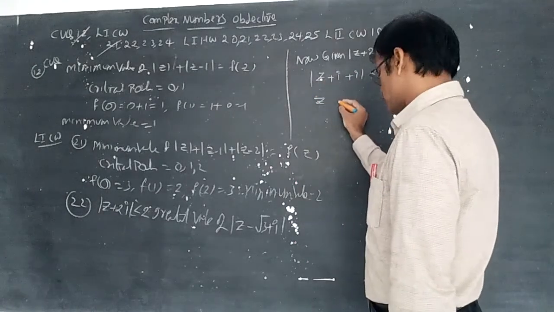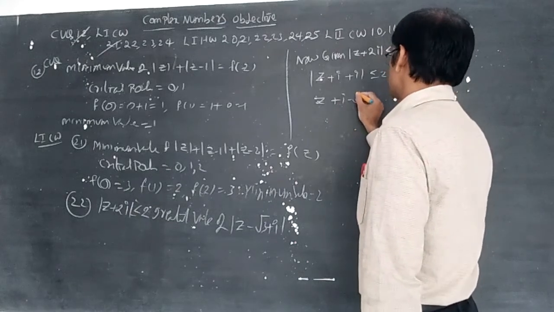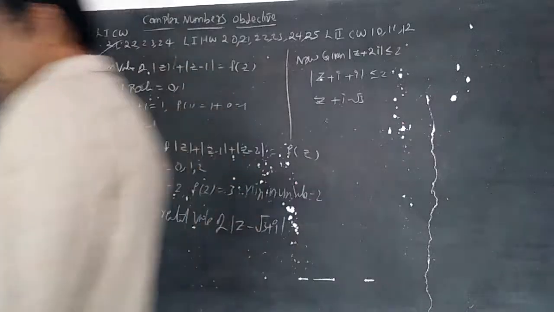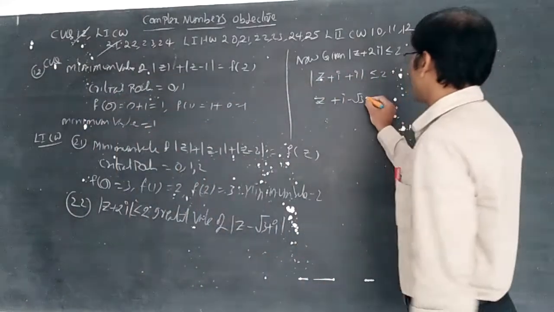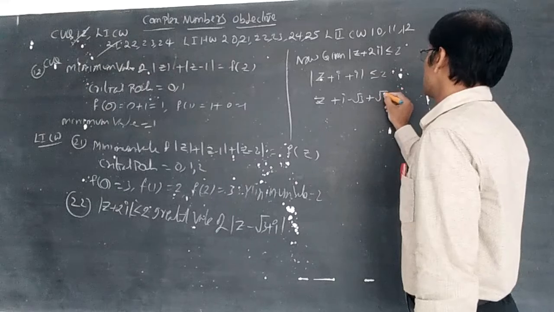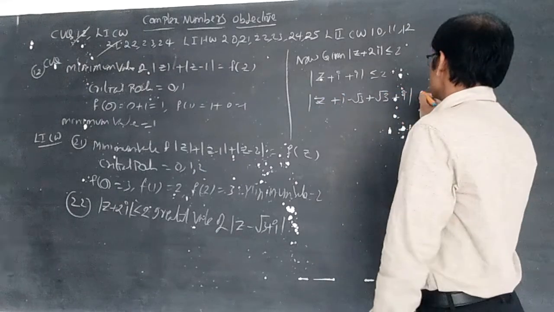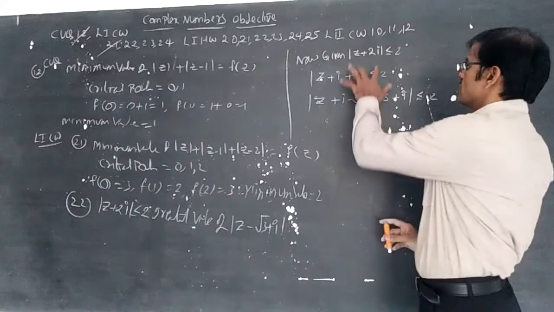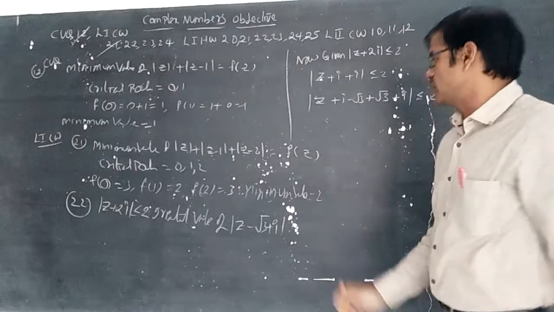Next, you write z plus i minus root 3. What is going on? Simply adding and subtracting. Plus i separately, with the whole modulus less than or equal to 2. So the given condition is converted into the required value.